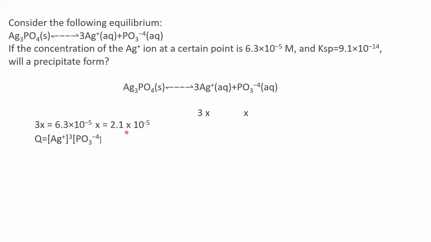All right. Here's our Q expression. Silver ions cubed, times phosphate ions. Okay, here's your silver ion, so plug that in here, cube it. Here's your phosphate ion, plug it in here, calculate Q, compare it to K, and decide whether or not a precipitate would be forming.